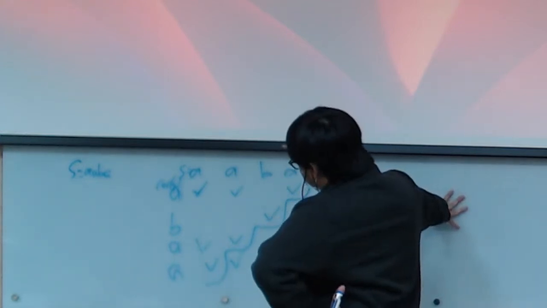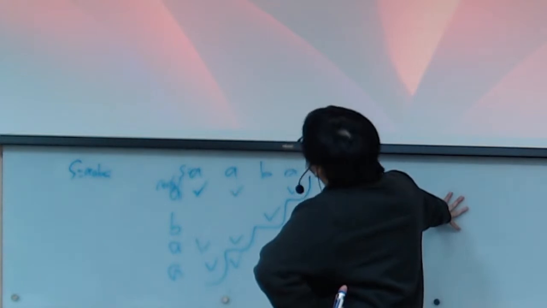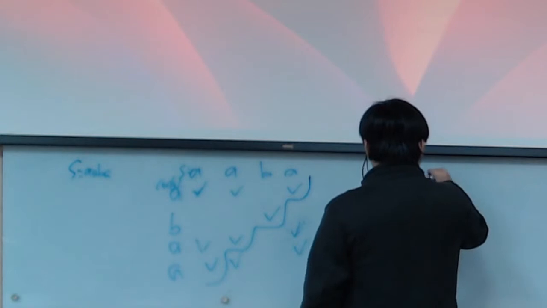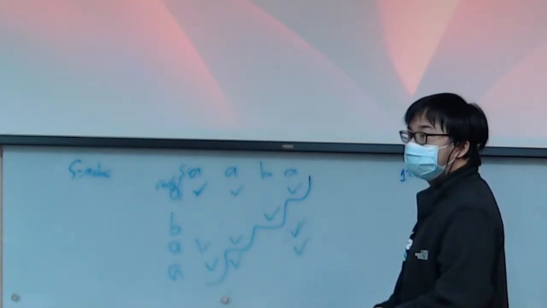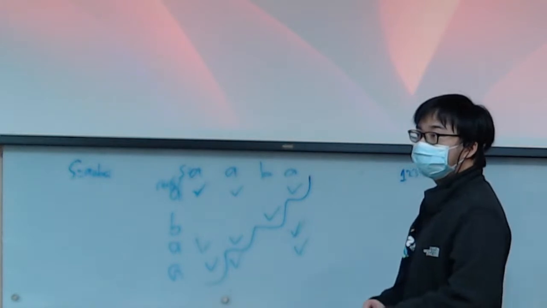Wait, let me get this right. The way I imagine it is you take a palindromic substring. You take the first and the last character.